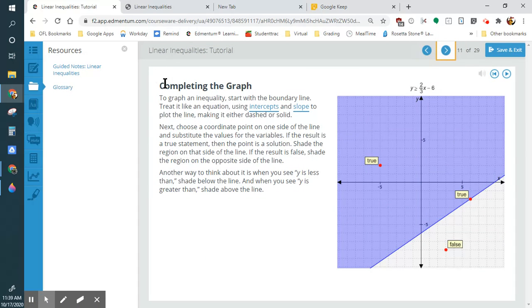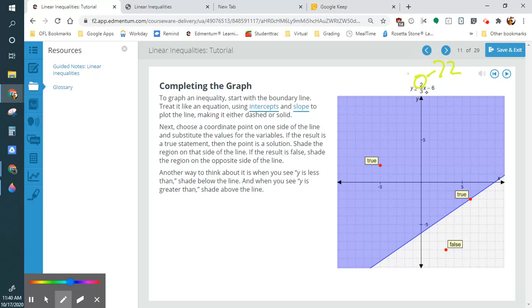All right, so next one. So complete the graph. So we're looking for intercepts and the slope. So again, graph your intercept. So this is -6. And then your slope is your rise. So your rise is 2.